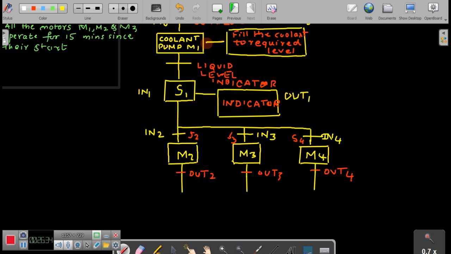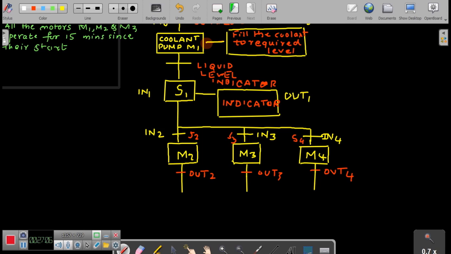So the moment the switch IN2 is turned on, you are also starting a down timer or something like that, which will start from 15 minutes and become 0. We will discuss the timer operation later when it comes in our syllabus. Once the time is elapsed, a signal is going to be given. That signal will turn off the corresponding motor, M2 or M3 or M4.